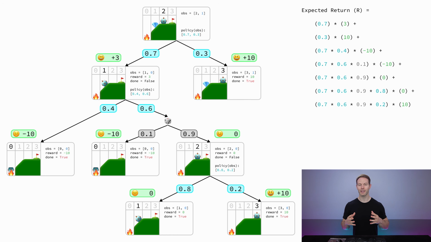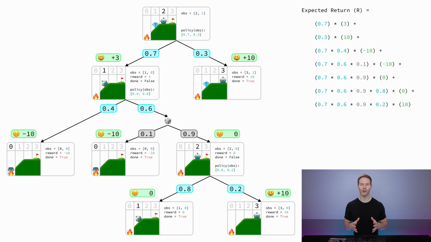However, since we're assuming that starting out we don't know all the details of the environment, we won't be able to directly calculate the sum. And the idea behind the policy gradient theorem is that all we need to do is figure out how to calculate the gradient of this sum. So we don't actually need to calculate this exact sum, we just need to figure out what the gradient of this sum would be.